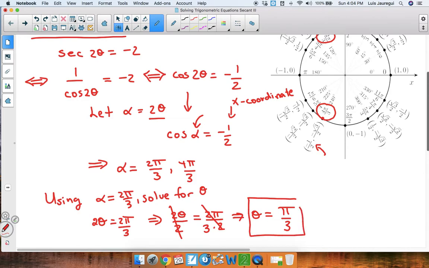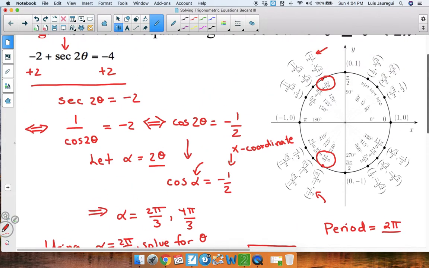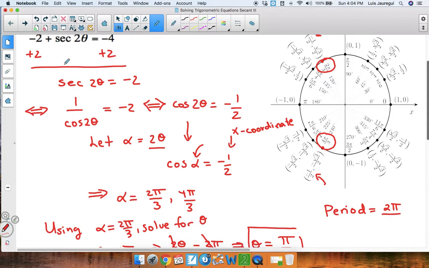So we're good. To generate the next angle, we need to pay close attention to the period. The period of secant of theta is equal to 2 pi. We're going to divide that period by the absolute value of the coefficient of theta in the given function. Our given function involves secant of 2 theta, so the coefficient of theta there is 2.